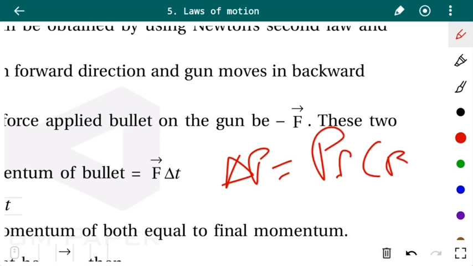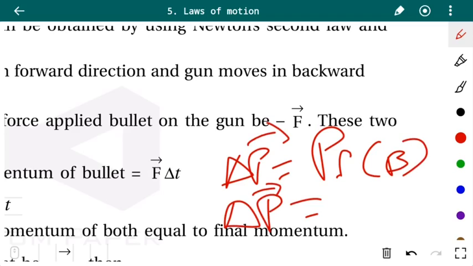In the same way, the change in momentum for the gun will also be equal to its final momentum, because initially the gun is at rest, so its velocity will be 0 and the initial momentum will also be 0.